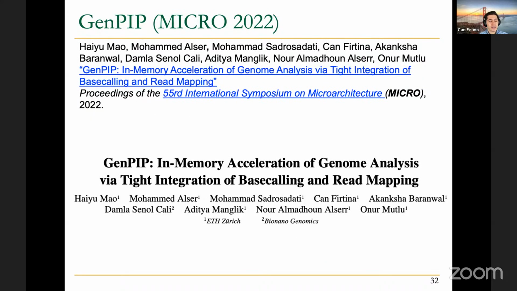We also have this recent paper, which was presented in MICRO last year. This paper uses in-memory acceleration to perform genome analysis in memory, by coupling two important steps in the genome analysis pipeline.